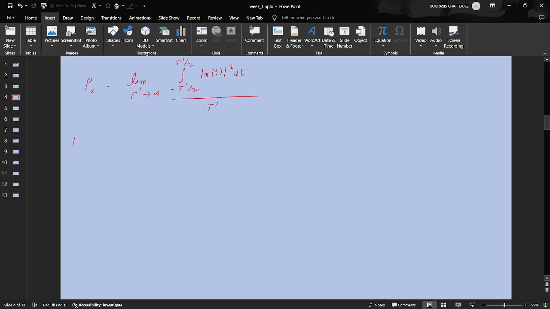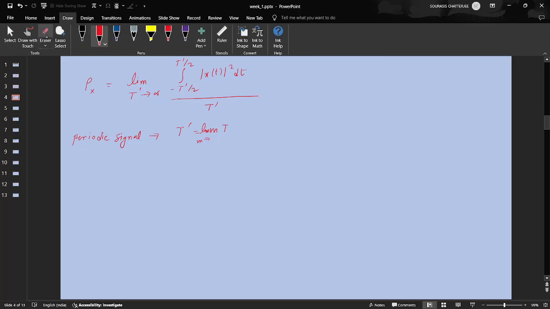Now I am saying for a periodic signal, we can write T dash as m times T. So limit m tends to infinity, m is some integer, m times T, but T is the fundamental period of x.